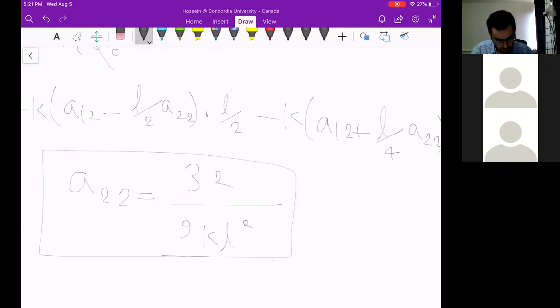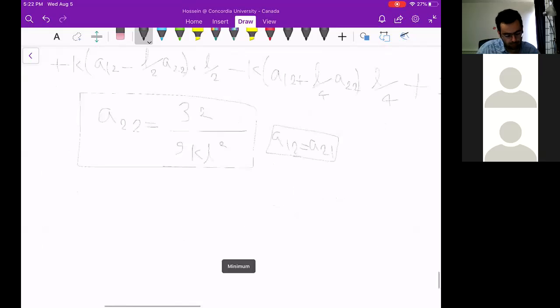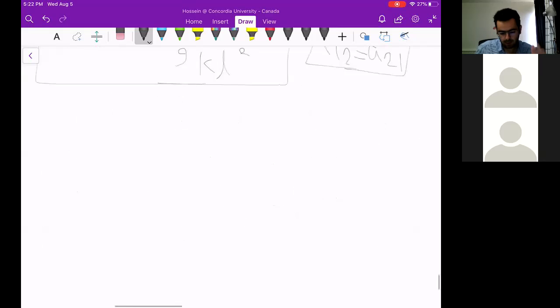Why? Because A12 is equal to A21. A21 is already obtained. I just wanted to show you how to find the influence matrix if we have complex coordinates. It was not necessary to do that because you were directly asked for the diagonalized matrix.